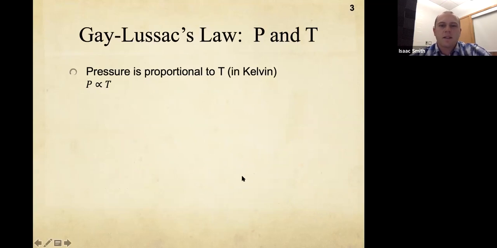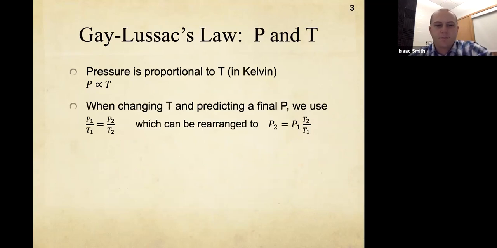Okay. So we already talked about this one. Pressure is proportional to temperature in Kelvin. So when changing temperature and predicting a final P, we use this, which we can rearrange, right? I think this is really the important part to remember. You can always just rearrange it using algebra.